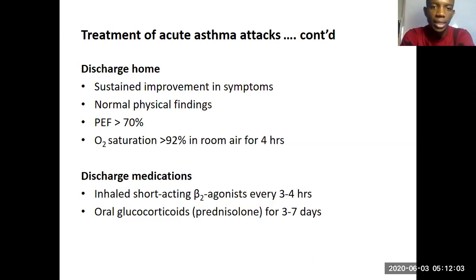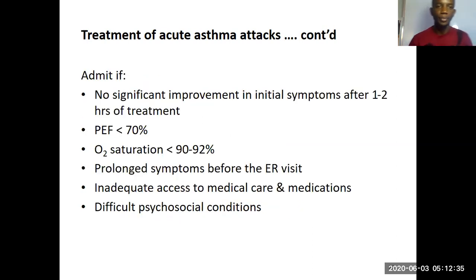When there is sustained improvement of symptoms, when there is normal physical findings, when the PEF is greater than 70%, and when the oxygen saturation is more than 92% in room air for 4 hours. We are going to discharge this patient on these medications: inhaled short-acting beta-2 agonists every 3 to 4 hours, as well as oral glucocorticoids like prednisolone for 3 to 7 days.